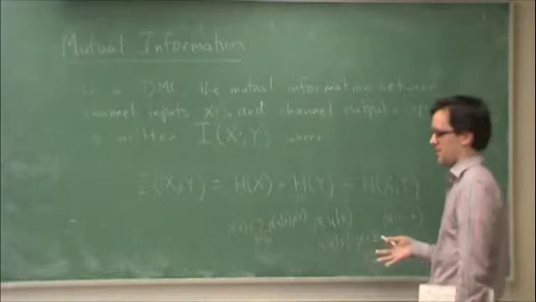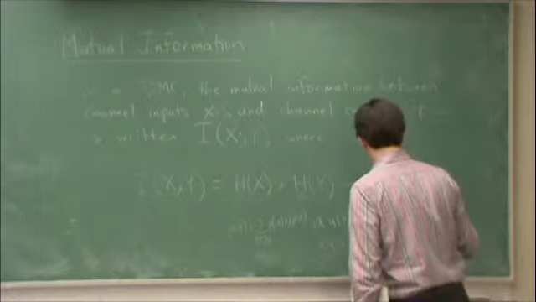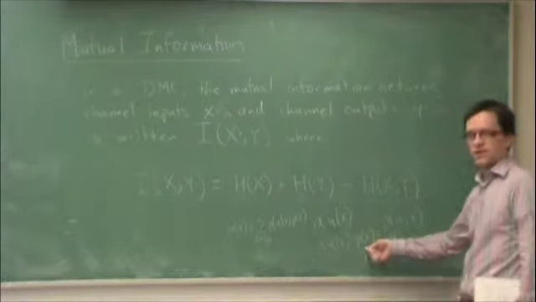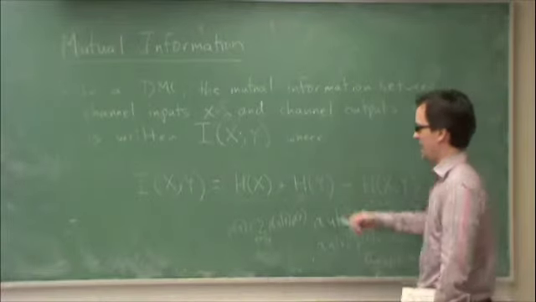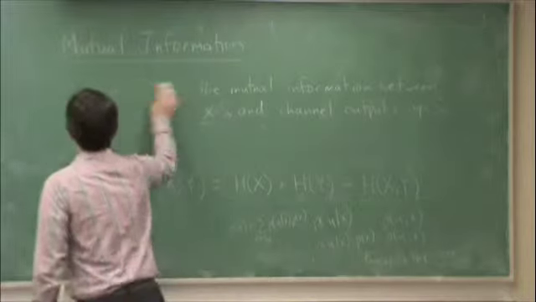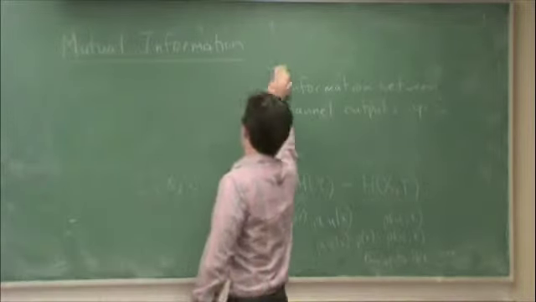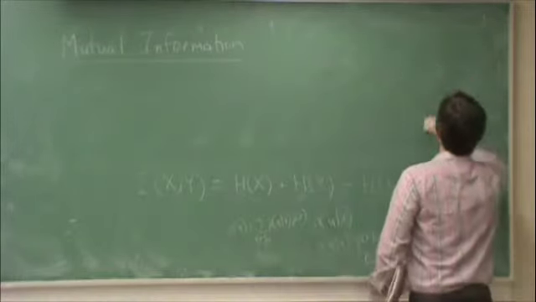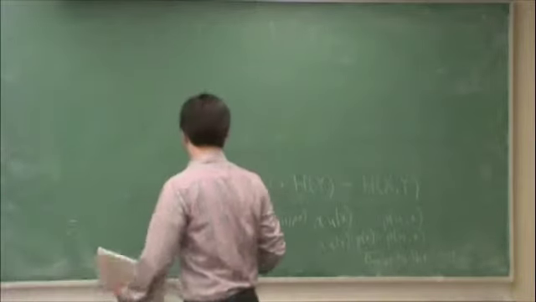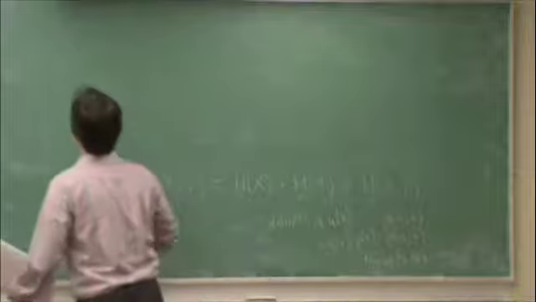So this sets up an optimization problem that we'll see later. The user's job is to design an encoder to satisfy a particular P of X that maximizes this expression. And if the user does his or her job properly, the result is capacity.